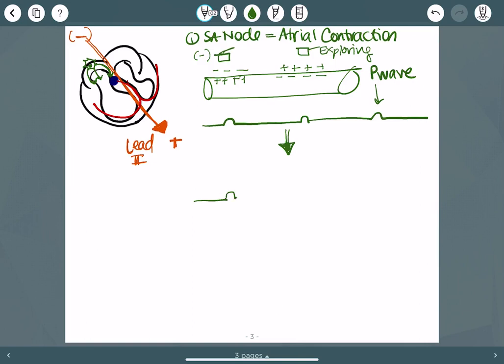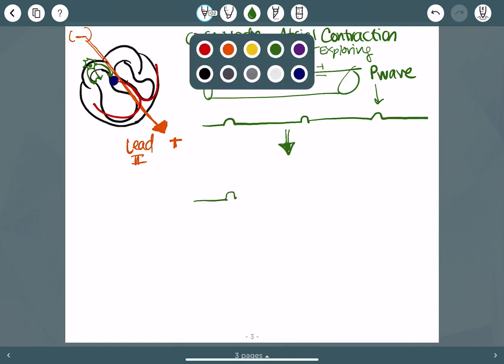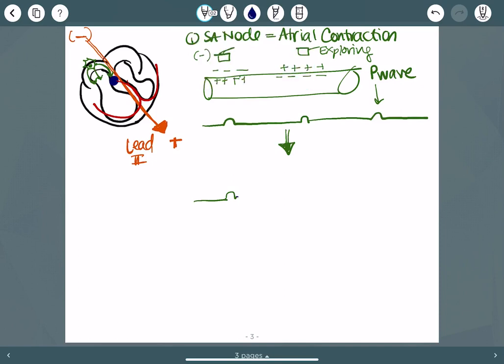We have the electrical activity going through the atria. Then there's going to be a slight pause. And that pause or delay is the time when the action potential is slowed by the AV node. When it hits the Purkinje fibers, there's this kind of wave of electrical activity through the ventricle. And it typically causes a shape that looks like this.